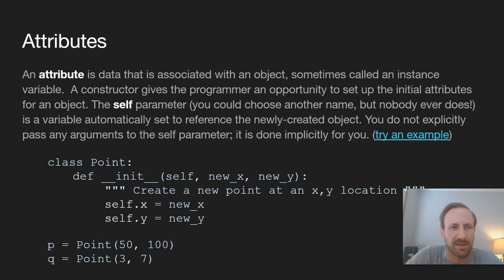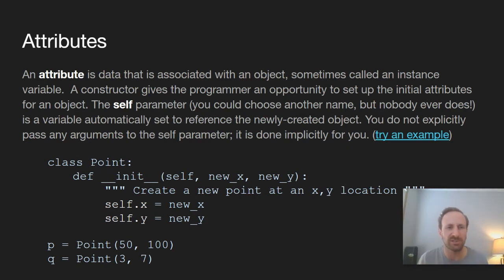We sometimes call these attributes instance variables. You hear that term as well, but we're going to try to use the term attribute for the most part. And often the constructor is the location where these attributes are set up, which makes sense, because if you're going to create an object with a constructor, it would make sense for that object to be created with the information that makes that object unique. So in terms of a critter, we might have some things we want to set up for critters.